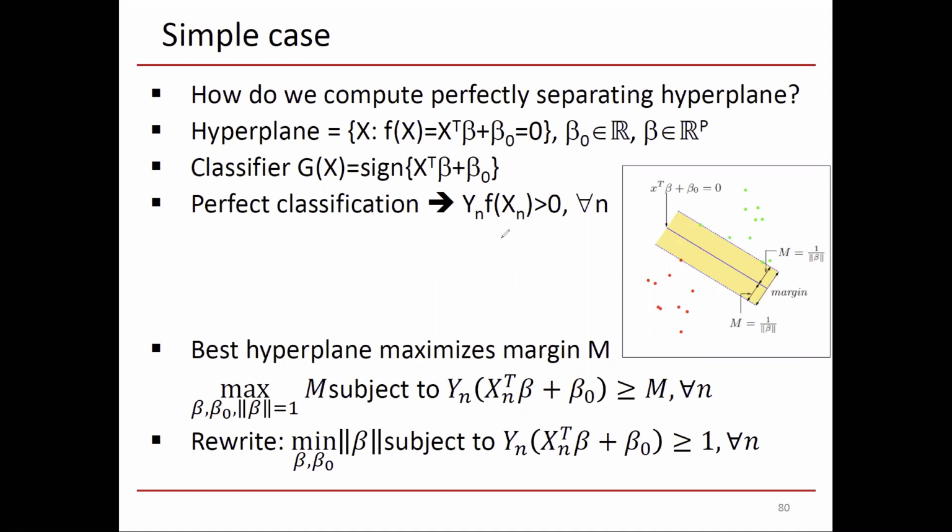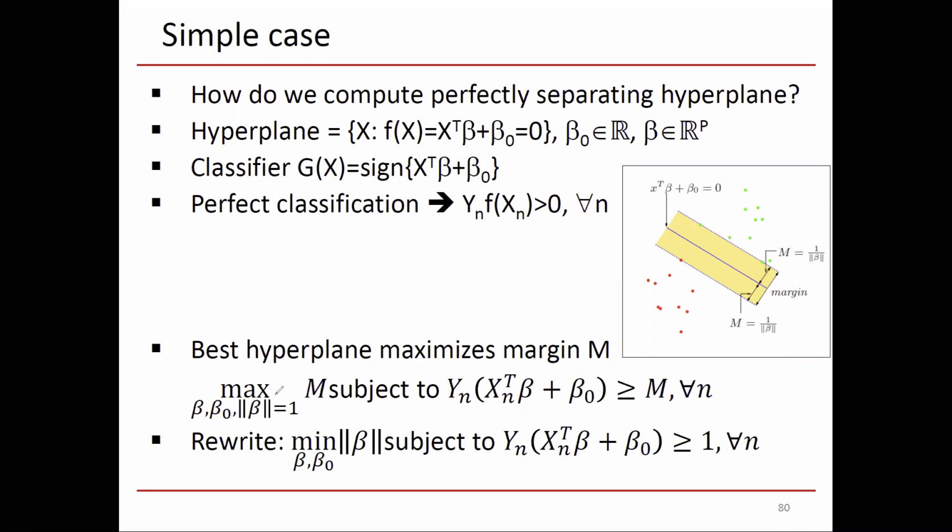But ideally, we'd like the margin to be as wide as possible. So the best hyperplane maximizes the margin. One way to express this is to maximize M subject to yn multiplied by xn transpose beta plus beta 0 being greater than or equal to M for all n.